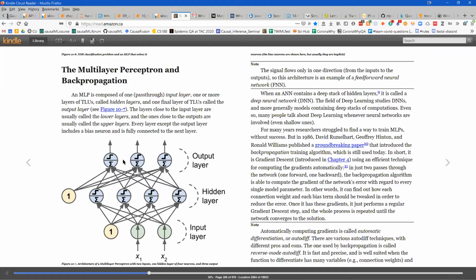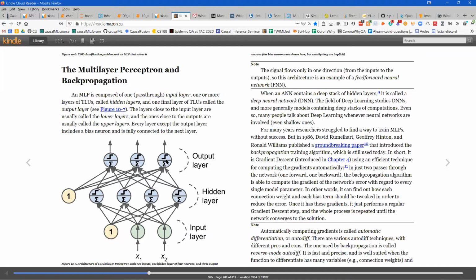This is always a supervised process. We have the answers, and we try to predict them with our network. We compare them with the correct answers, and then we take a derivative of a loss function.